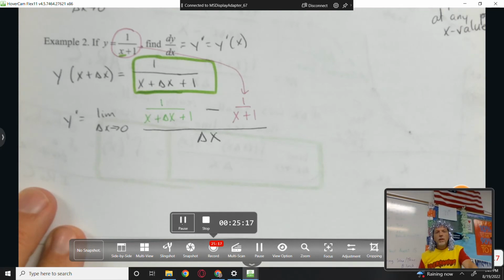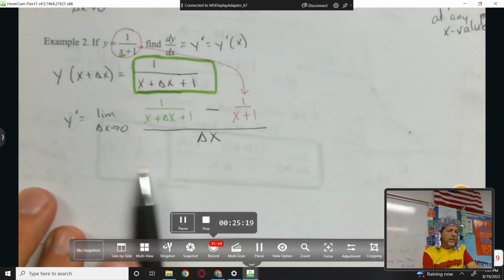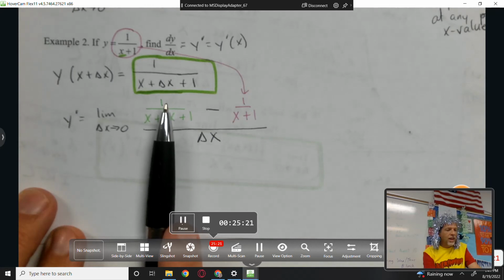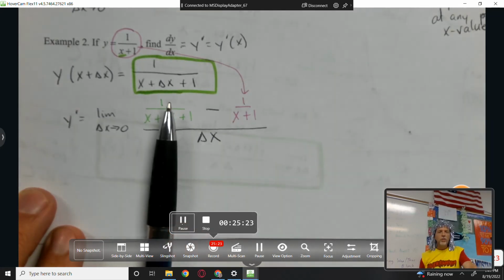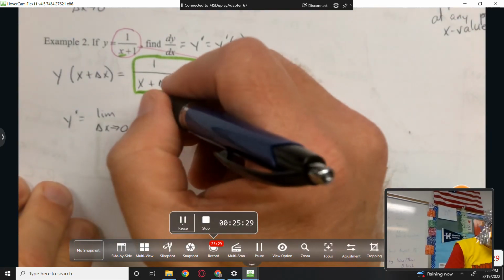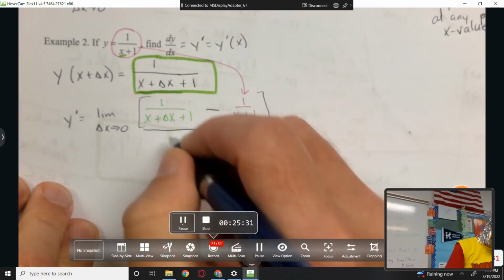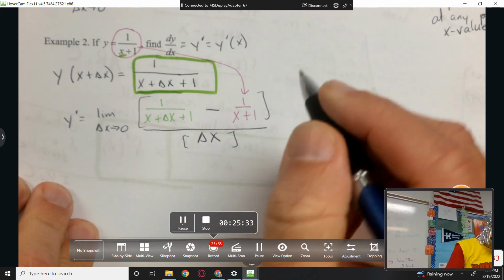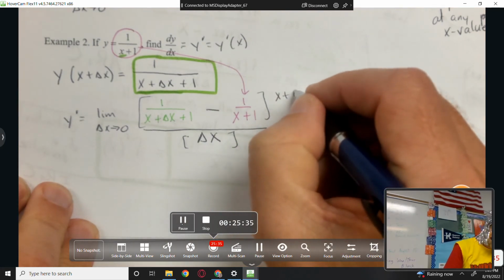Because if I plug in 0 for delta x, I get 0 in the top and 0 in the bottom. So, yuck, I'm stuck. Until I multiply top and bottom by what will be a common denominator, or the little denominators.